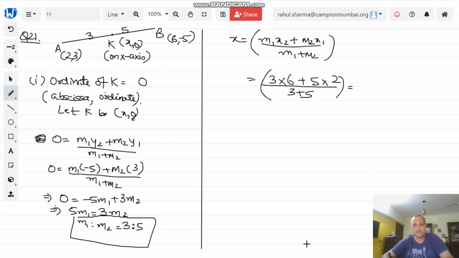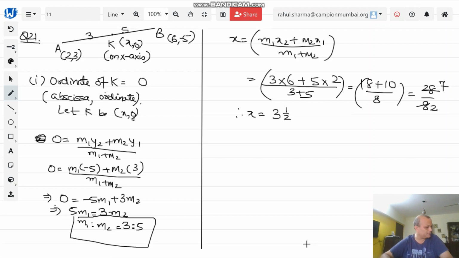So this is 18 plus 10 upon 8. That's 28 upon 8, which is 4 into 7 upon 4 into 2. Therefore, x is equal to 3 1 by 2.